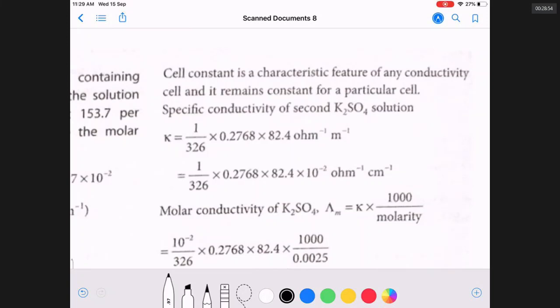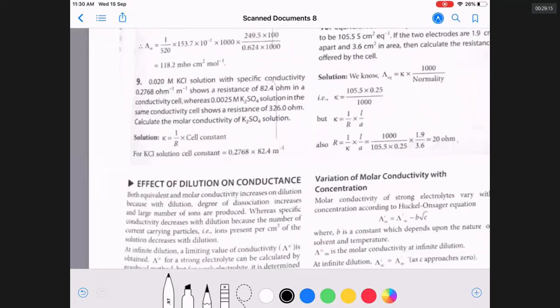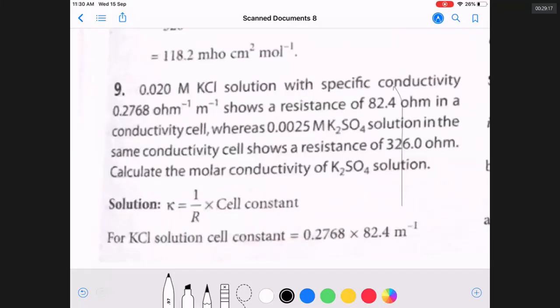So specific conductance in the second case is equal to, sir, what is the formula for specific conductance? Cell constant by R. What is the R value they gave me, sir? 326 ohms.